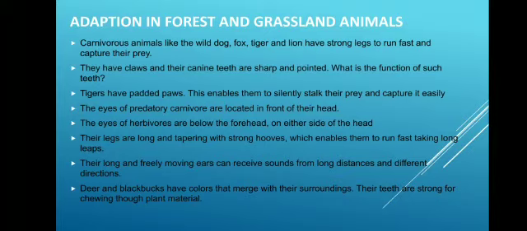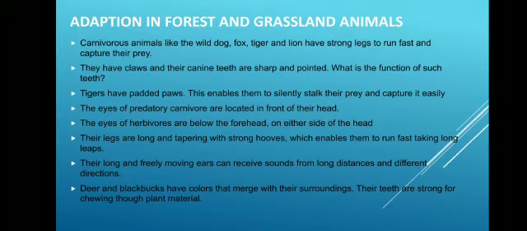Carnivorous animals like the wild dog, fox, tiger and lion have strong legs to run fast and catch their prey.